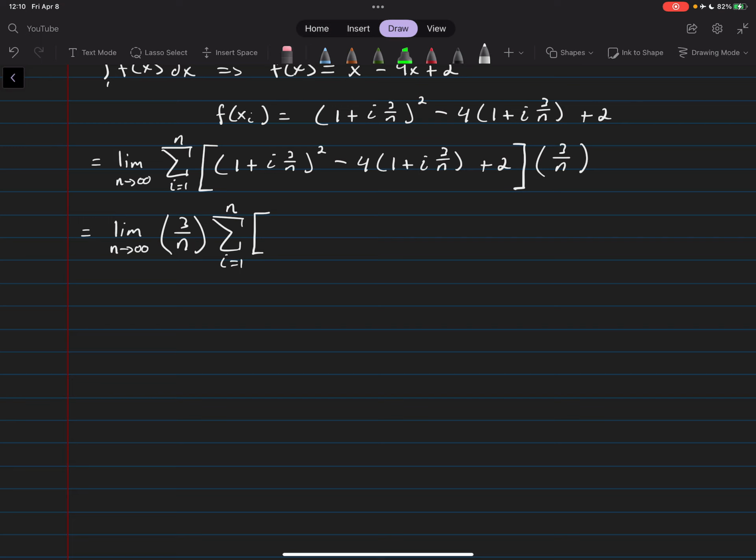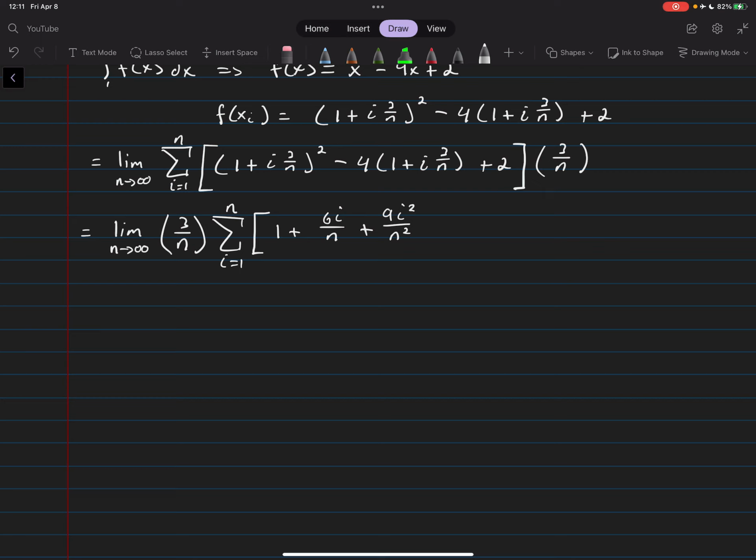Now, this first term expands out to be 1 plus 6i over n plus 9i squared over n squared.